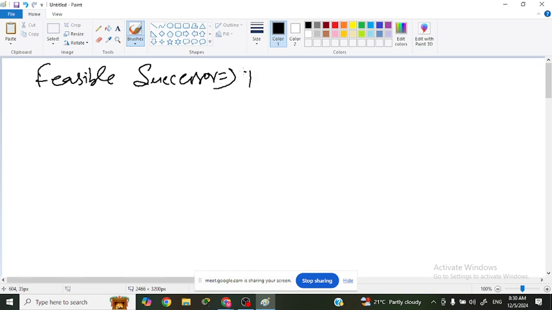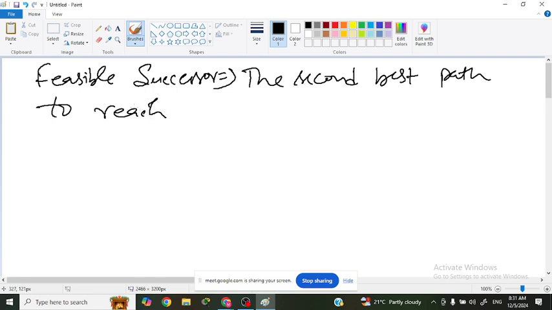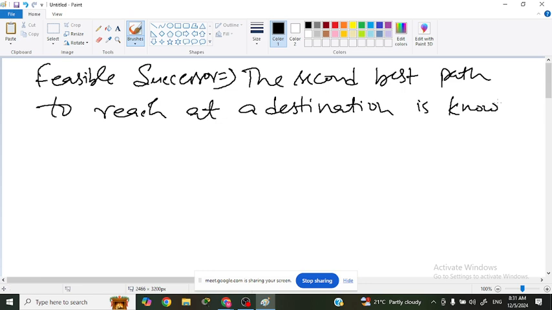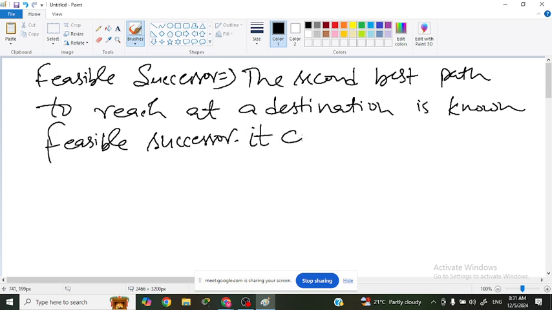The second best path to reach a destination is known as a feasible successor. It can be a backup path.